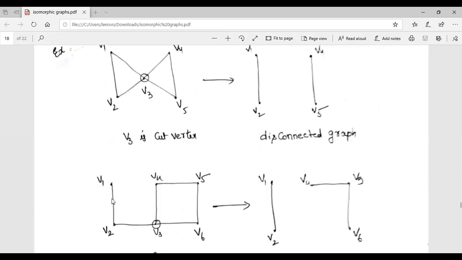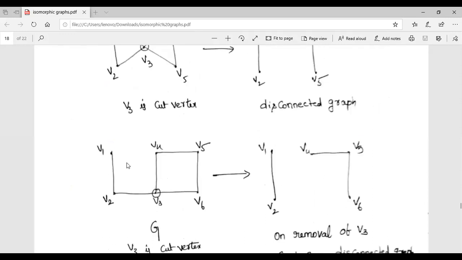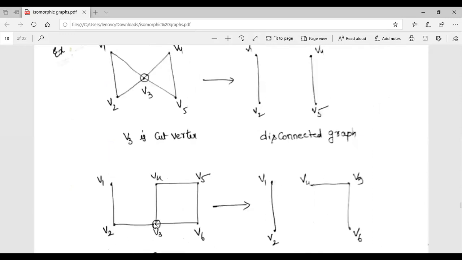So another example, V1, V2, V3, V4, V5, V6. It is a connected graph. There is a path from V1 to V5: V1 to V2, V2 to V3, V3 to V4, V4 to V5. There is a path from V5 to V2 also: V5 to V6, V6 to V3, V3 to V2.